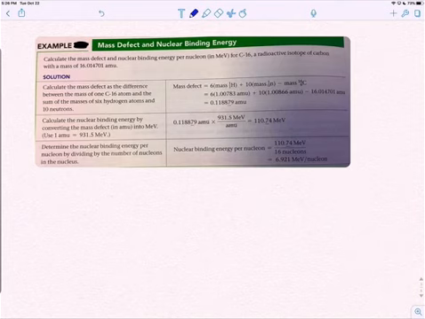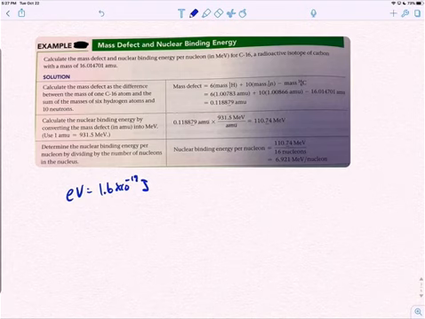Mega is a million, 10 to the 6. An electron volt is equal to 1.6 times 10 to the minus 19 joules. So if you want to know what this is in joules, you can multiply that way. And an electron has a mass of about 0.51 mega electron volts, for instance.